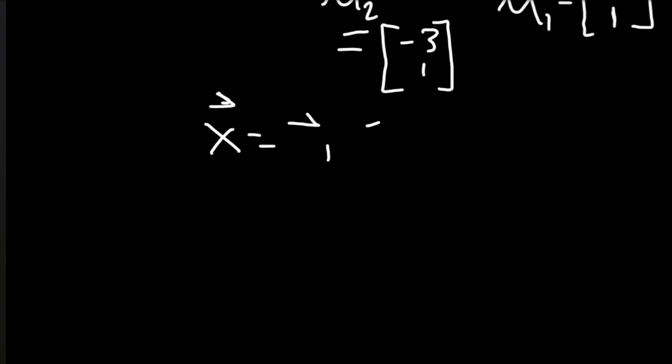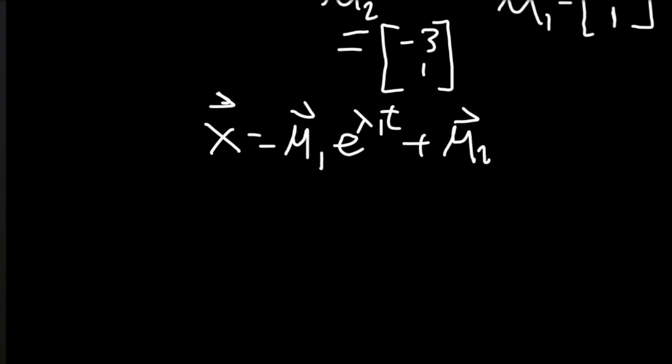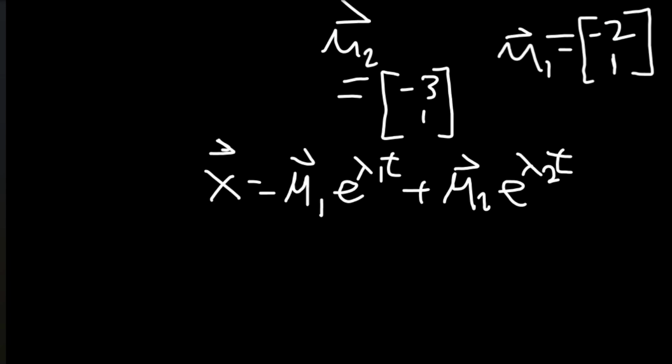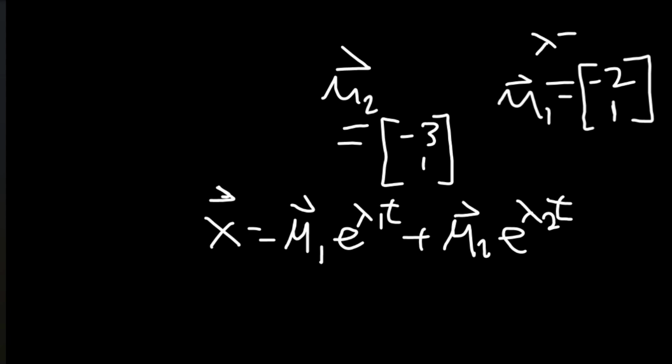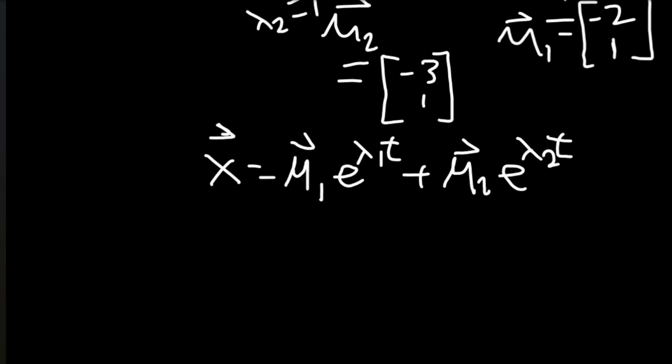Our solution is going to be mu1 times e to the lambda 1 t plus mu2 e to the lambda 2 t. And remember, this is our lambda 1, which we'll say is 0, and this was when we did lambda 2, which is equal to 1.